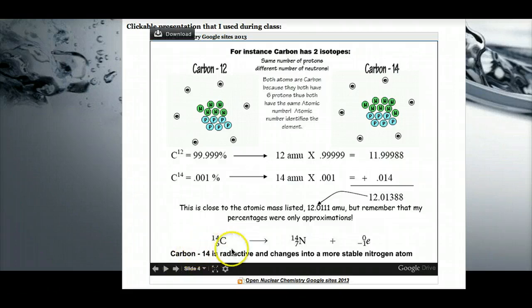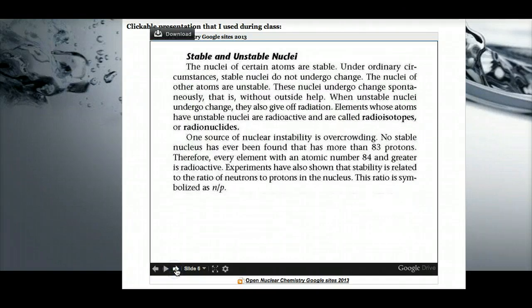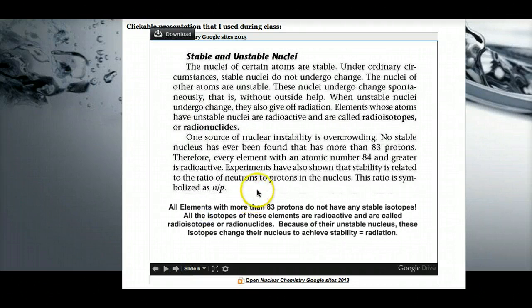All right, so carbon-14 is radioactive and changing to a more stable nitrogen. Why is nitrogen stable? It has a nice 1-to-1 ratio of neutrons to protons. Okay, moving forward. So we talk about the proton to neutron ratio, but there's another problem with nuclei that you have to know. We know that atoms have a tremendous number of protons as they get bigger, and there comes a limit to how many protons can exist in a nucleus.